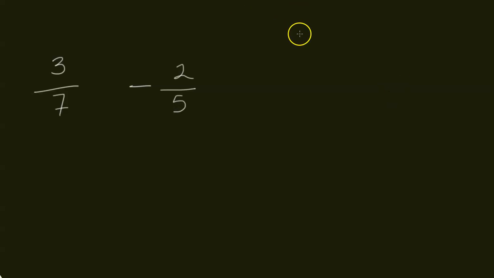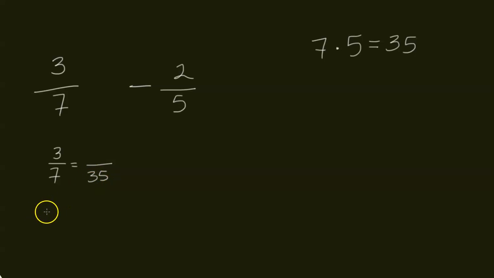So in order to get a common denominator, again, the easiest way is just to multiply both denominators together. So 7 times 5 gives me what? 35. So let's set these up, equivalent fractions, with 35 as their new denominator. So 3 over 7 needs to be something over 35, and 2 over 5 needs to be something over 35. What is that something? We need to figure it out now.